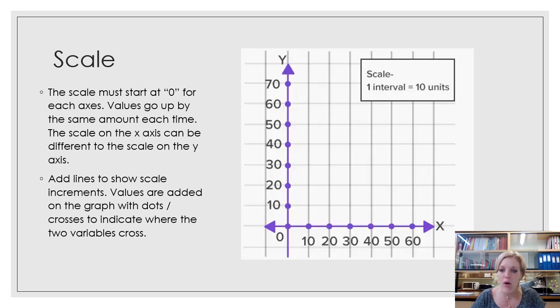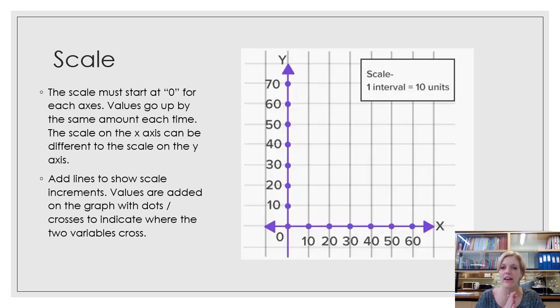Please look at the box that we put there. The scale here shows that one interval, in other words one little box, means 10 units. When you are drawing your graph, does your scale match up? You want to fill up your entire axes at least 75%. And are you consistent? Is it the same always?